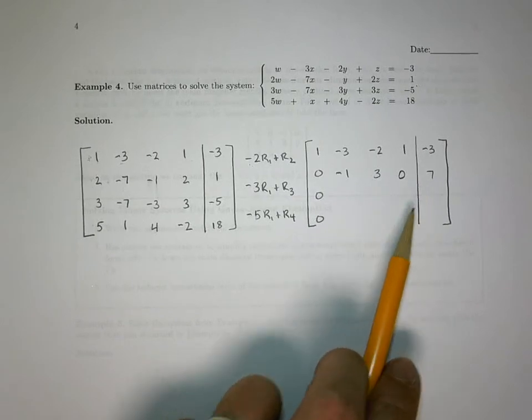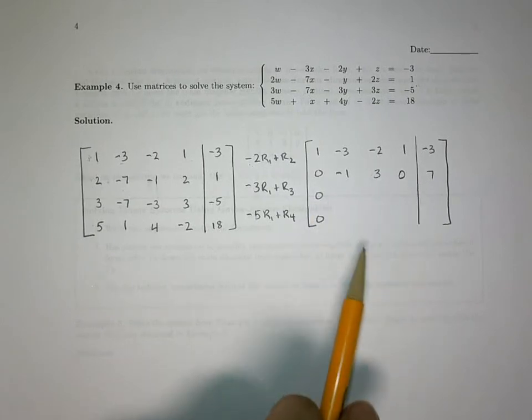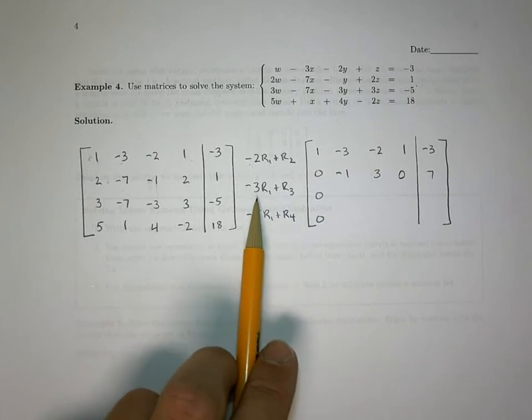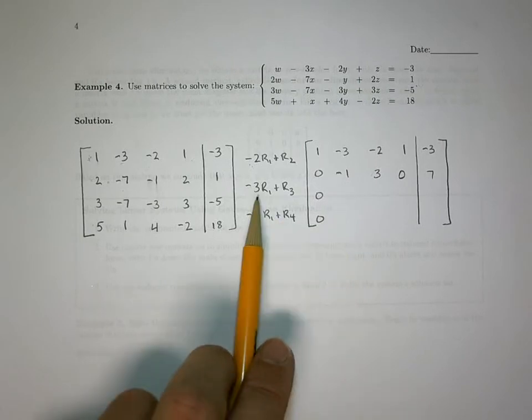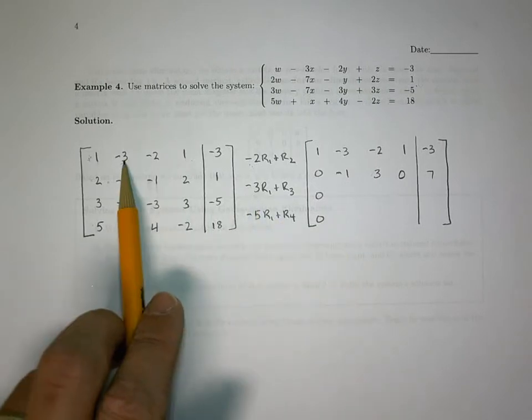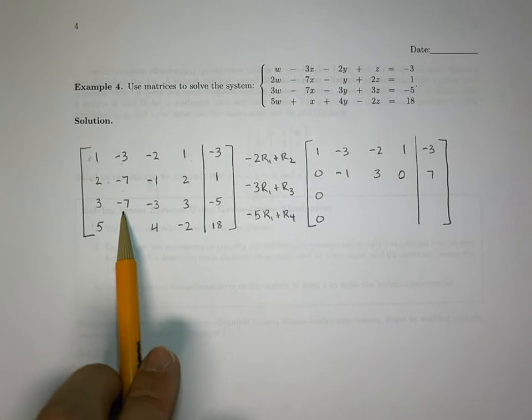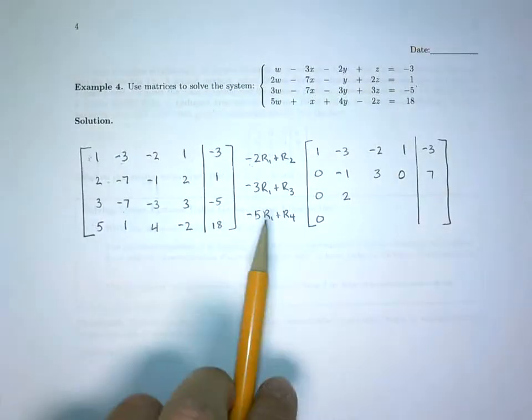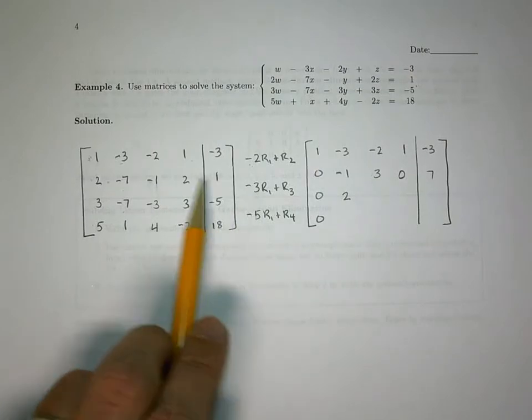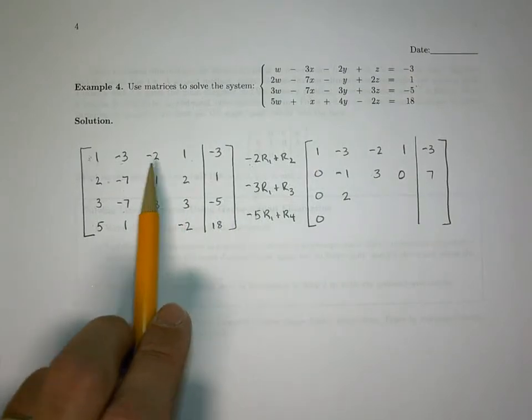Next we see what is the third row. Well, this is constructed by doing negative 3 of row 1 plus row 3. Beginning in the x column, negative 3 times negative 3 is 9, minus 7 is 2. Going to the y column, negative 3 times negative 2 is 6, minus 3 is 3.